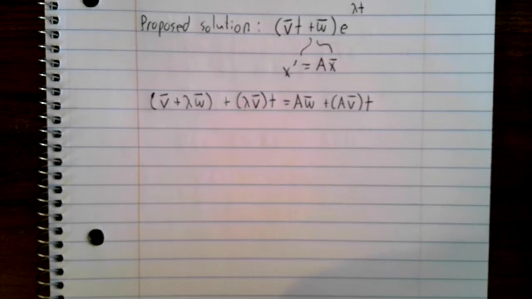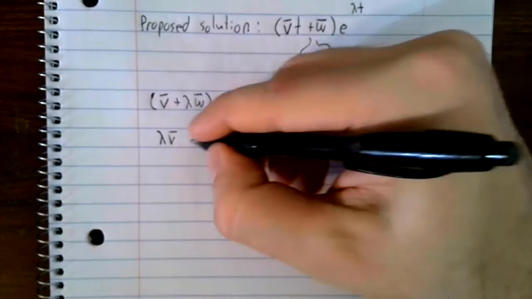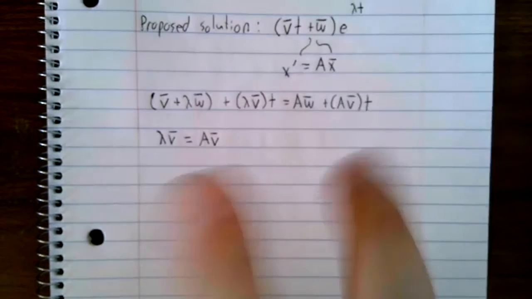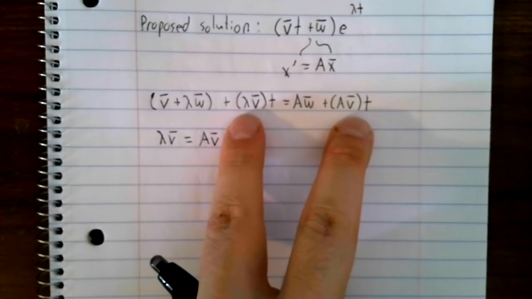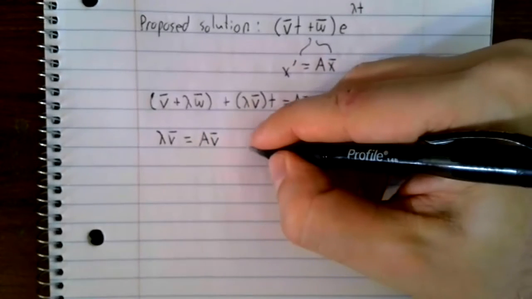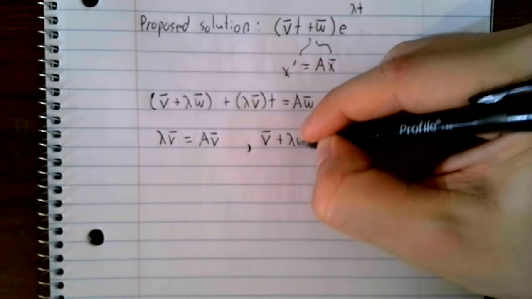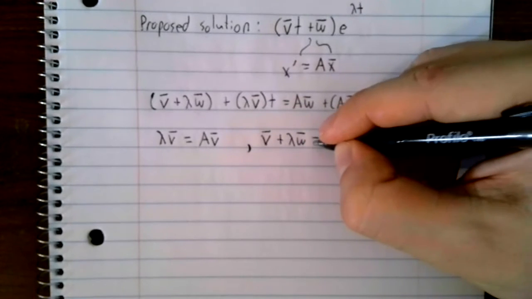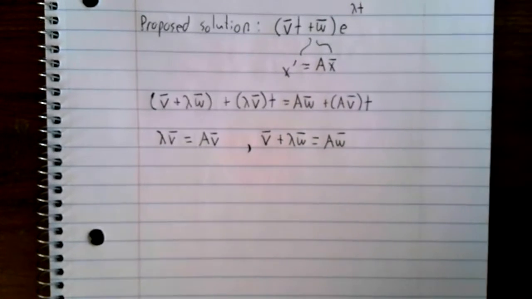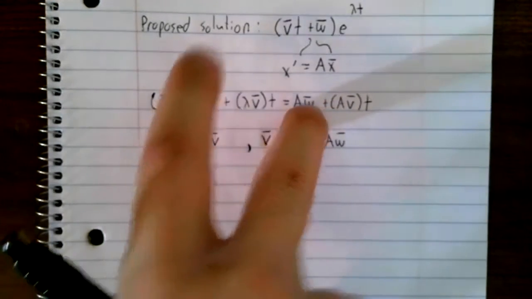All we need is for lambda v to equal Av, so these terms are always the same, and for v plus lambda w to equal Aw, so these terms are the same.